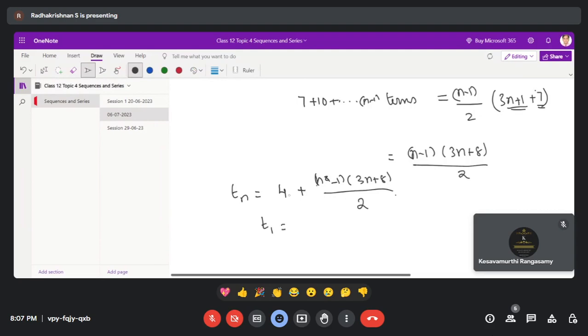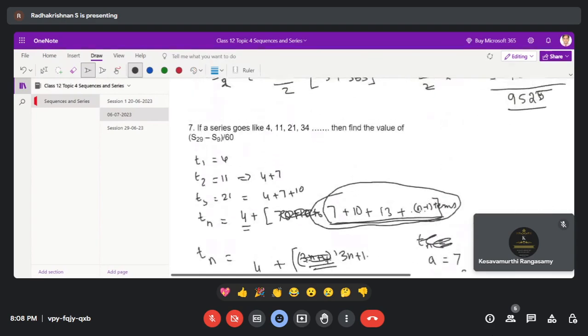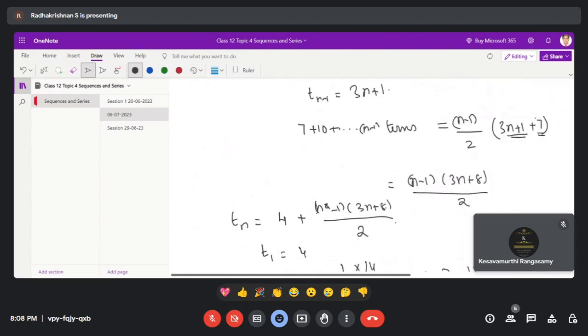T1 equal to 4 plus, you put n equal to 1, this vanishes, so it's simply 4. T2 equal to 4 plus 1 into 3 into 2, 6 plus 8, 14 by 2 equal to 4 plus 7 equal to 11. Right? It's matching, right?